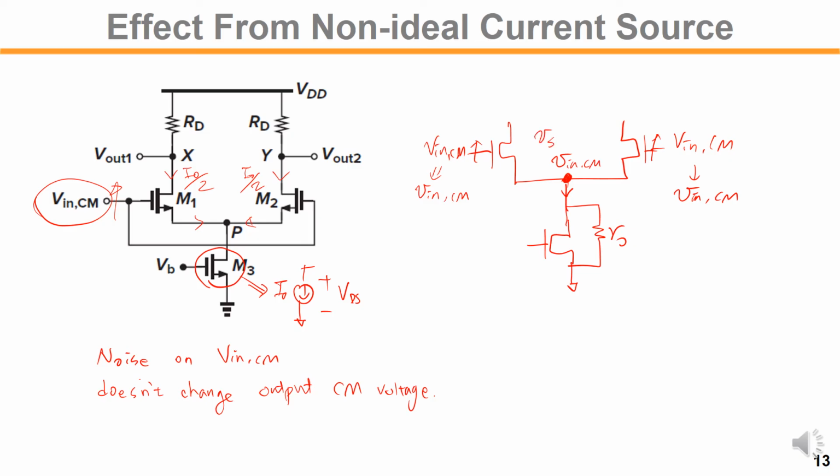So Vs is approximated, right? Actual Vs voltage would be what? So (1 + gm ro)/(gm ro) times V_in,CM, right?